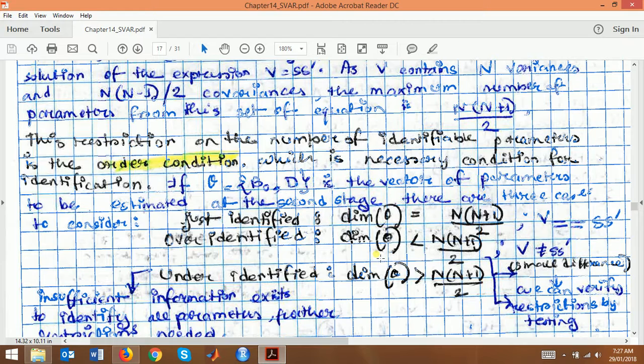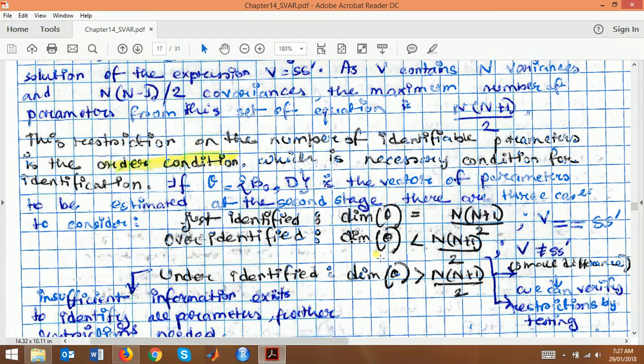If our dimension of the parameters is greater than n into n plus 1 by 2, this is an under-identified case. So it's interesting, you see, in case of an over-identified case, your n into n plus 1 by 2 will be more than the dimension. In an under-identified case, n into n plus 1 by 2 will be less than the dimension.